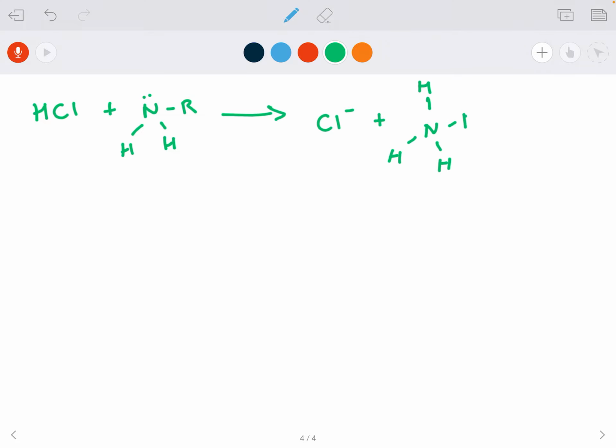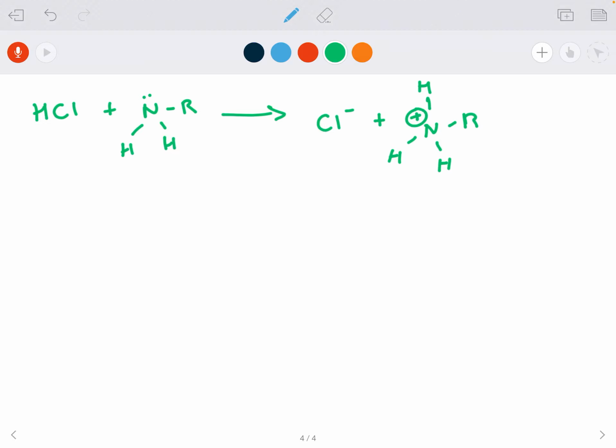Now we use a small amount of HCl to help catalyze this reaction. But the reason it's not HCl that's acting as the protonating agent and it's the ammonium ion is because we have a reaction between HCl and our primary amine, to give us Cl minus and the ammonium ion.